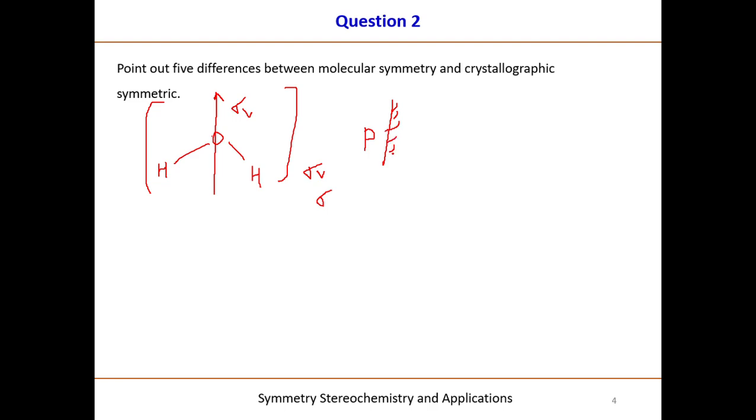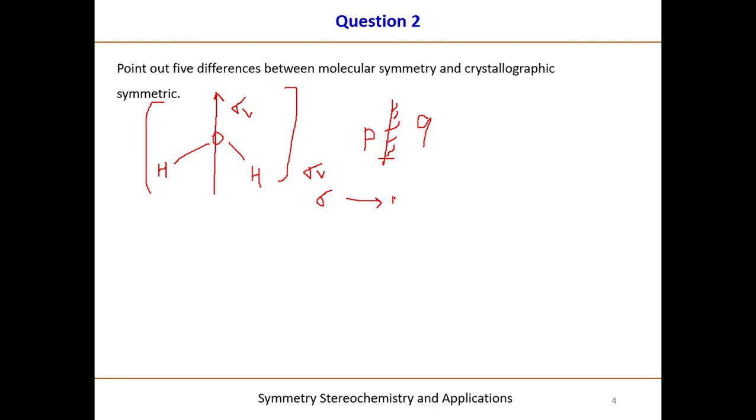What will we get here? This one and this one, so these are two mirror images of each other. So in crystallographic symmetry, the plane is denoted by m, mirror.